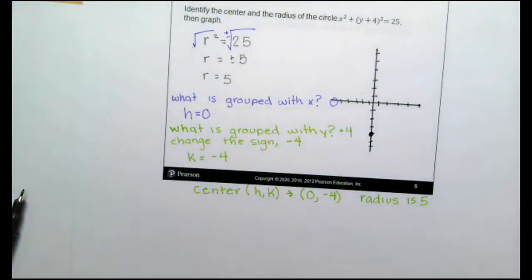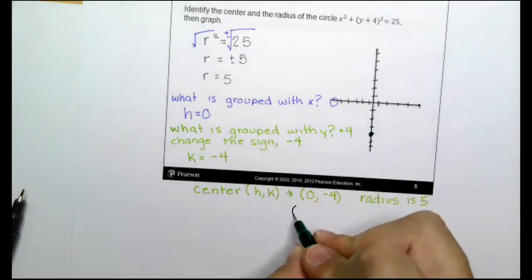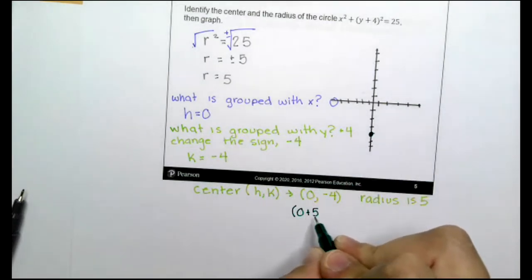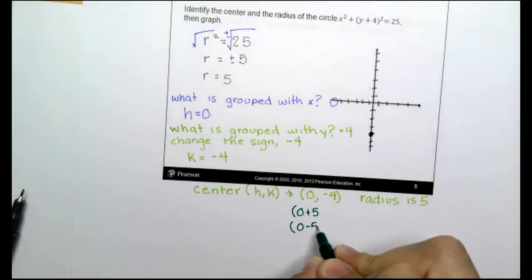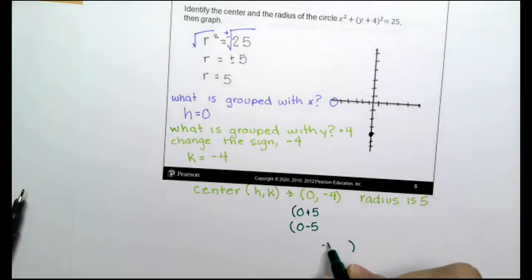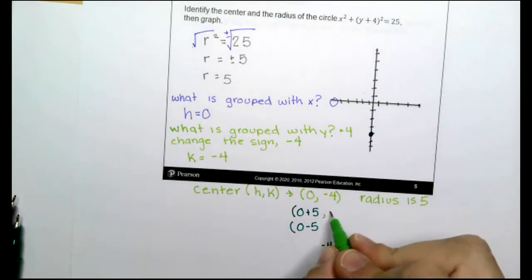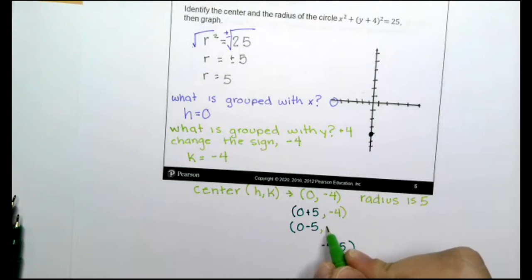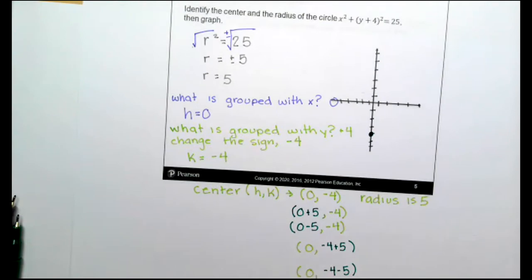So that means to find the points of my circle, I just add or subtract 5 to each of these, okay? 0 plus 5, 0 minus 5, negative 4 plus 5, negative 4 minus 5. Those are just to find my points.